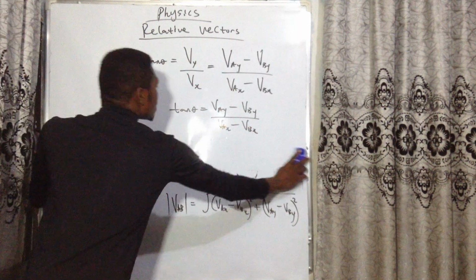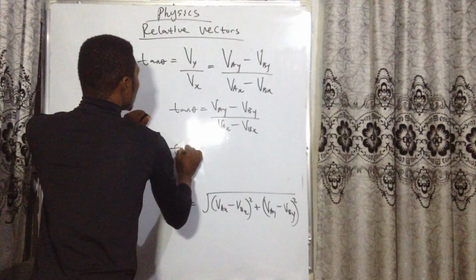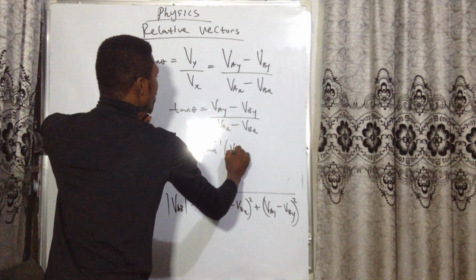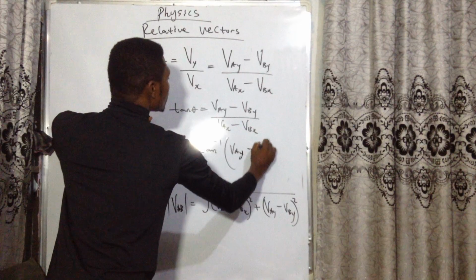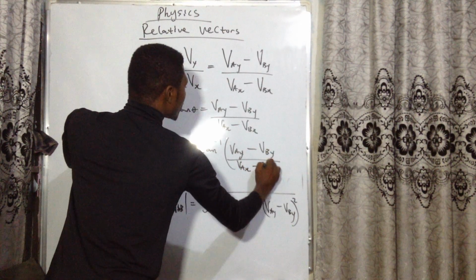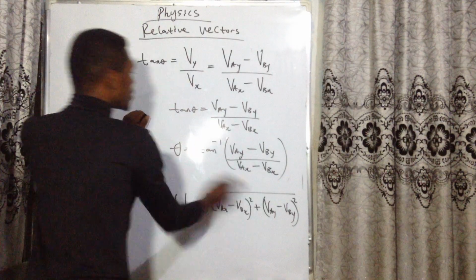So theta is equal to the tan inverse of (VAY minus VBY) over (VAX minus VBX).